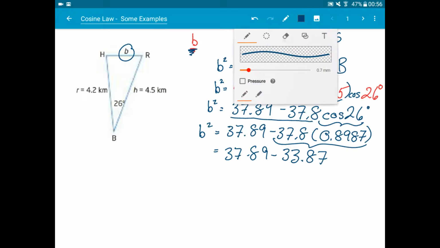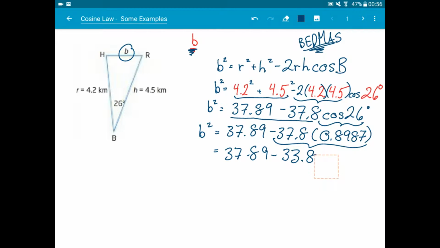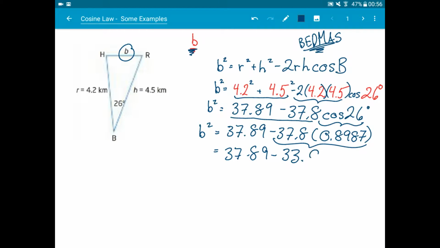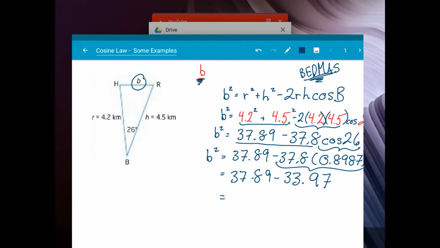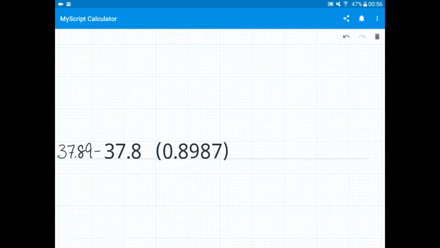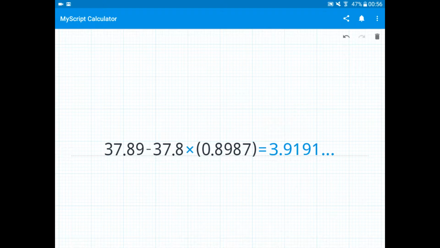So let me clean that up. Now this is just simple subtraction. 37.89 minus that gives me 3.9191, so 3.92.